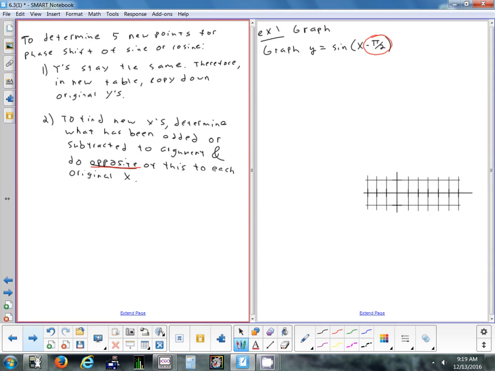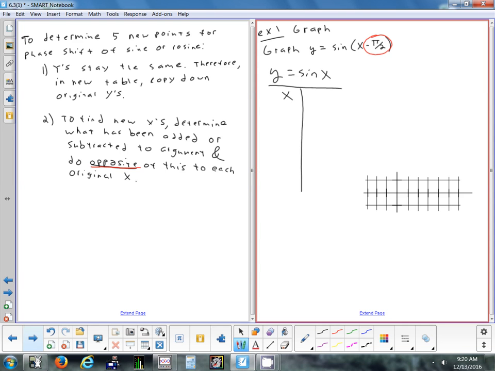All right, so let's copy down the original table for sine, before we transform it, and then we'll figure out how the values are going to change. After a while, you really get good enough that you don't need the original table. You can kind of do it in your head a little bit, but for now, let's just write the original values.